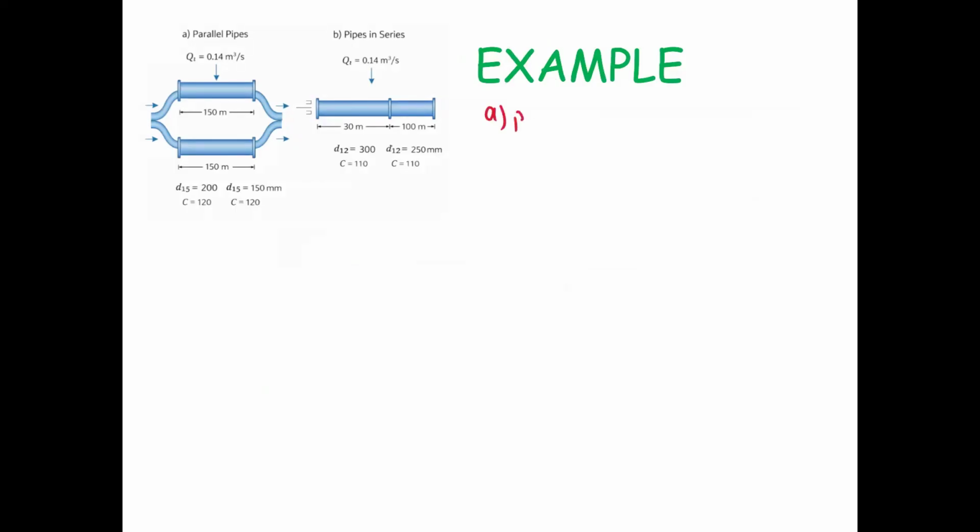A. Parallel pipes. Hazen-Williams formula is the one that I'm writing here: 10.7 times L divided by C^1.852 divided by D^4.87, multiplied by Q^1.852.